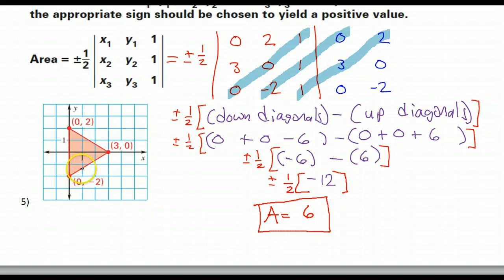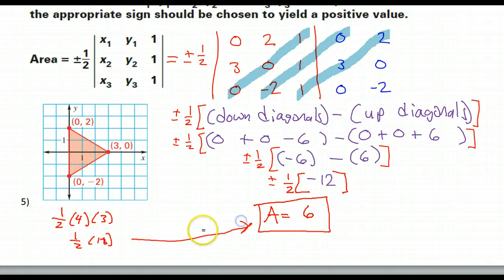Okay. Now you might be thinking it would have been easier just to do 1/2 base times height, and that's true for this problem because the base is 4, the height is 3. So I could have done 1/2 base times height, and that would have been 1/2 of 12, which also would give me 6. All right, that's just confirmation that it works.